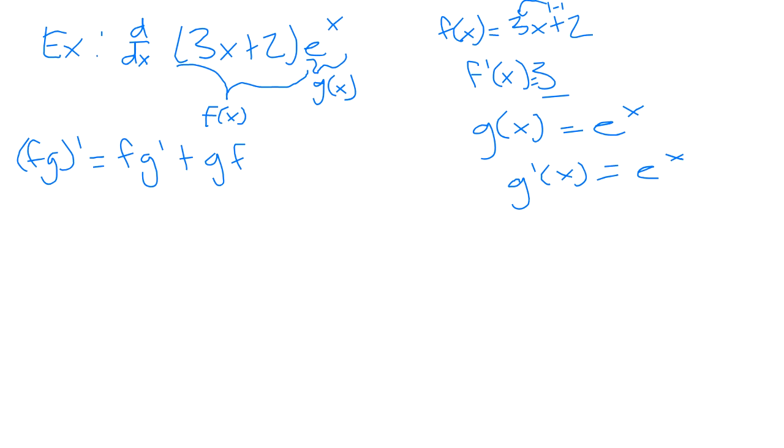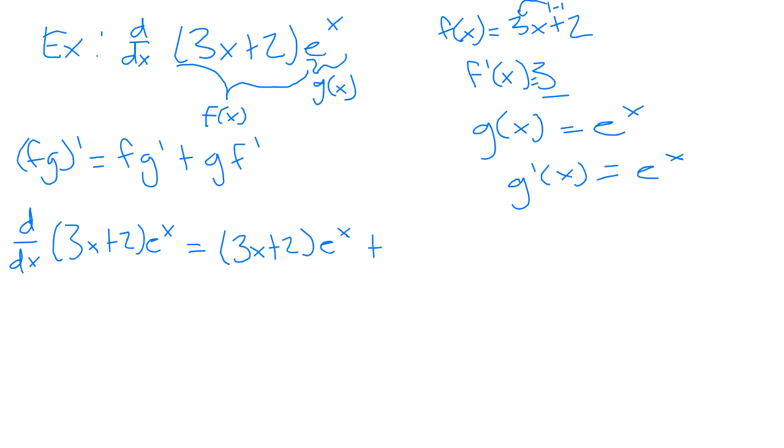So we can plug everything in. d over dx of our initial function, (3x plus 2) e to the x, equals our f of x, which is 3x plus 2, times our g prime, which is e to the x, plus our g of x, e to the x, times our f prime, which is 3.